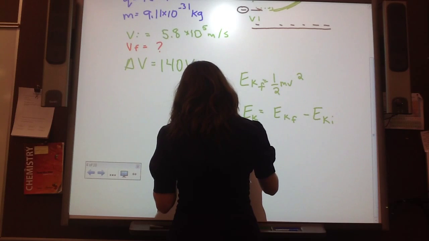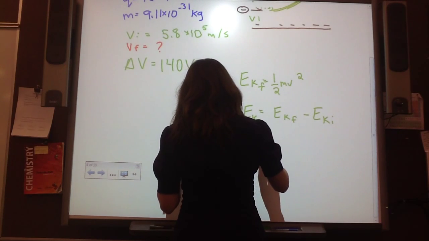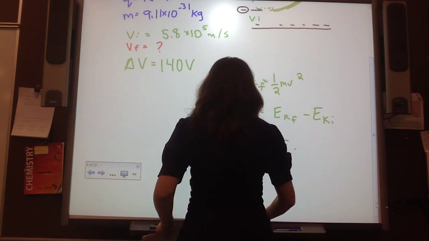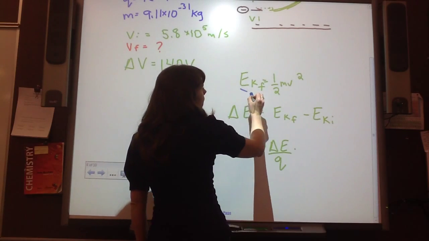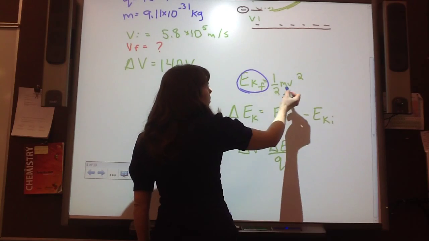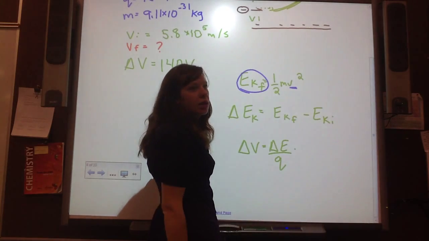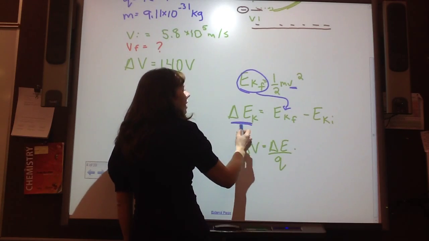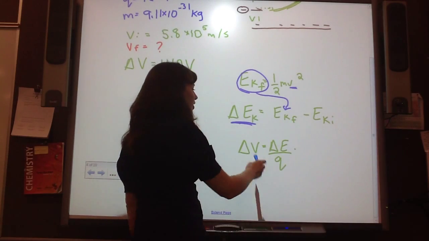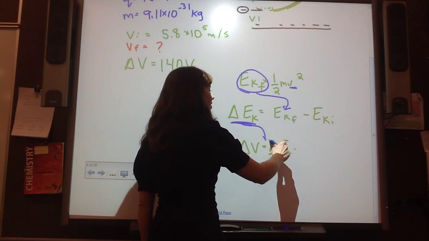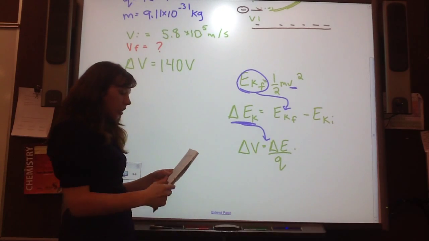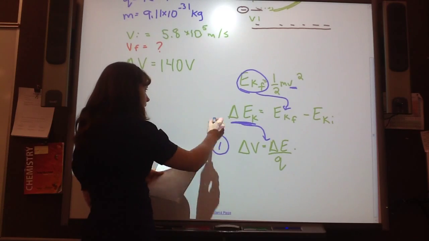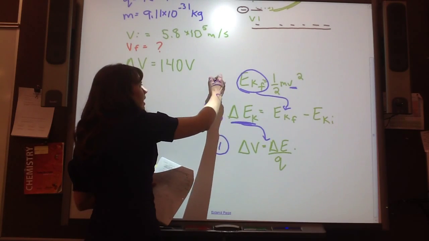And we're going to get delta E from delta V equals delta E over Q. So we need to find this in order to get this, and in order to get this, we need to get this. So this will be step 1, then step 2, and then step 3.